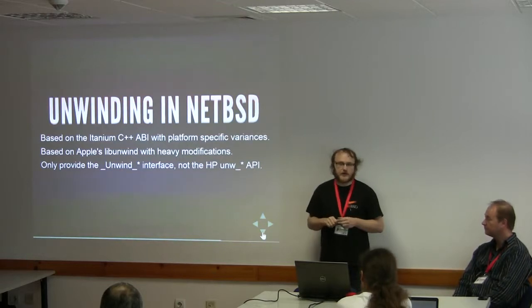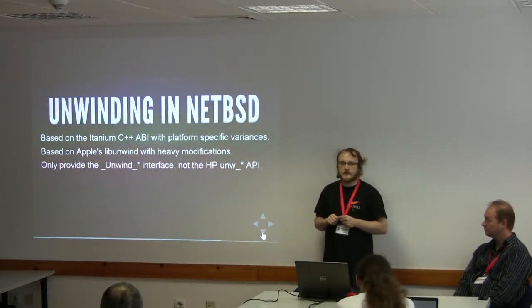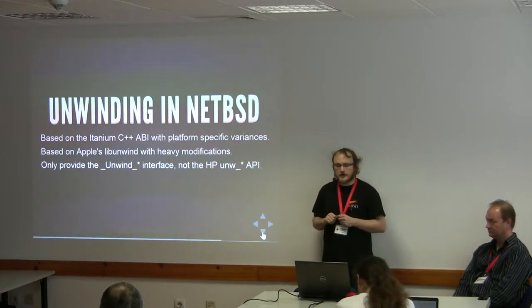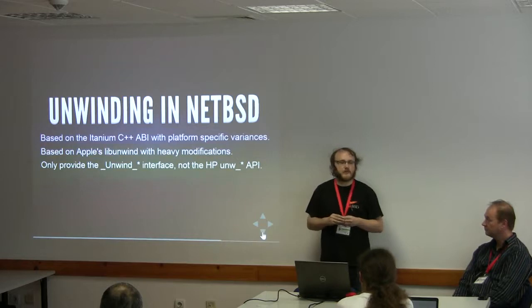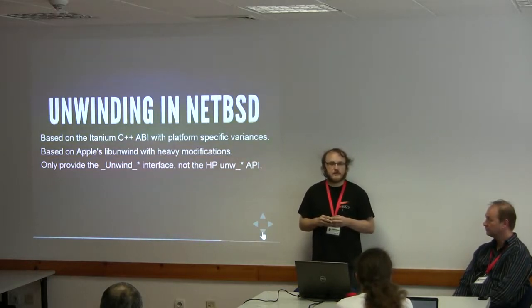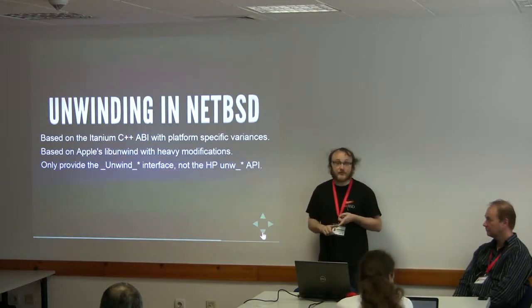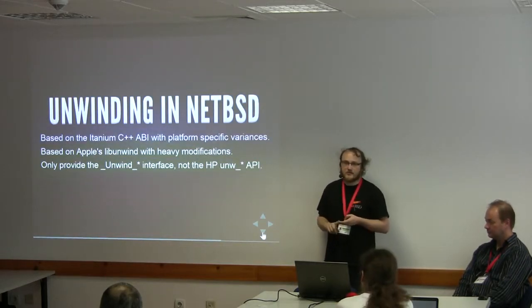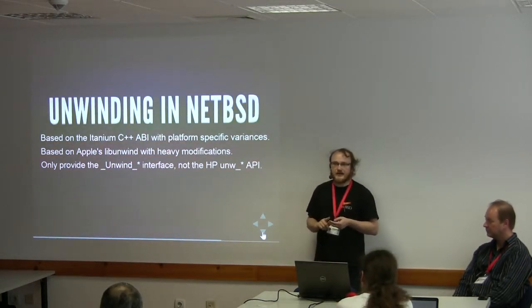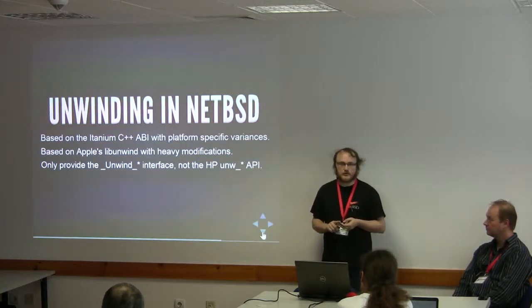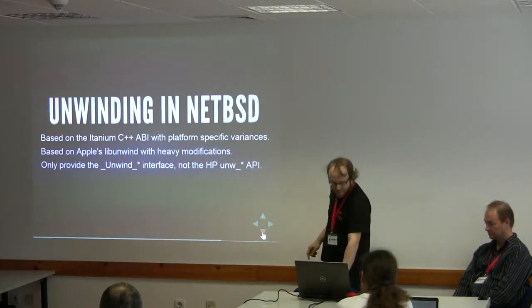We only provide the unwind interface as used in libgcc, for example, and not the second interface of HP libunwind. One of the reasons is namespace pollution, and the other one is it actually adds a significant amount of code which we don't want to have.